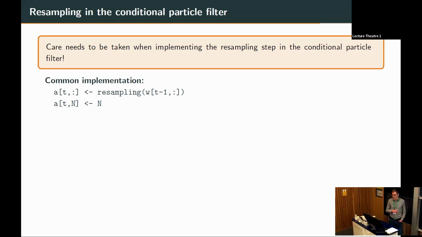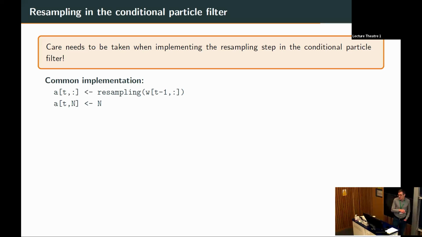A common implementation of how you would actually implement sampling the ancestry indices for all particles except the nth one would be that you apply your standard resampling procedure. You store all of these ancestor weights that you generate, and then you just overwrite the nth one according to the conditioning, or if you want to have ancestor sampling, you would simulate a new value for this.